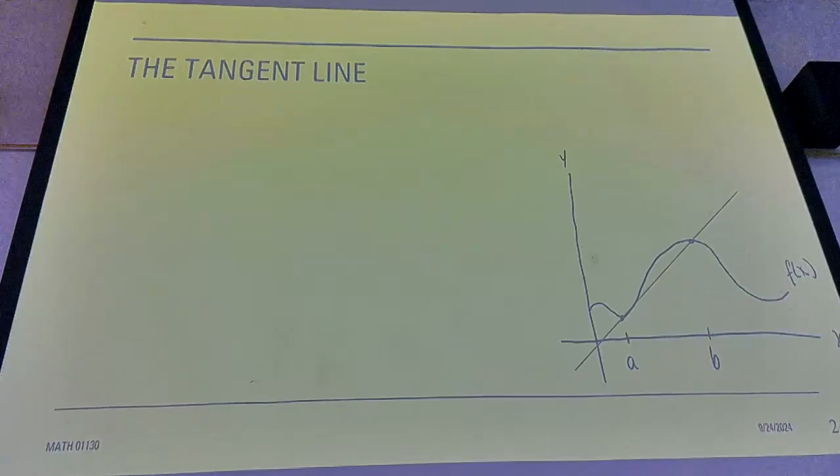The line that connects A and B, do you know what that's called? It's a secant line. What's the slope?